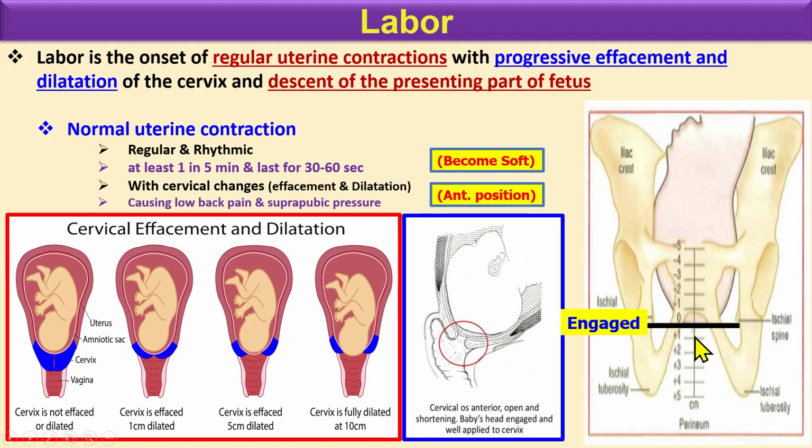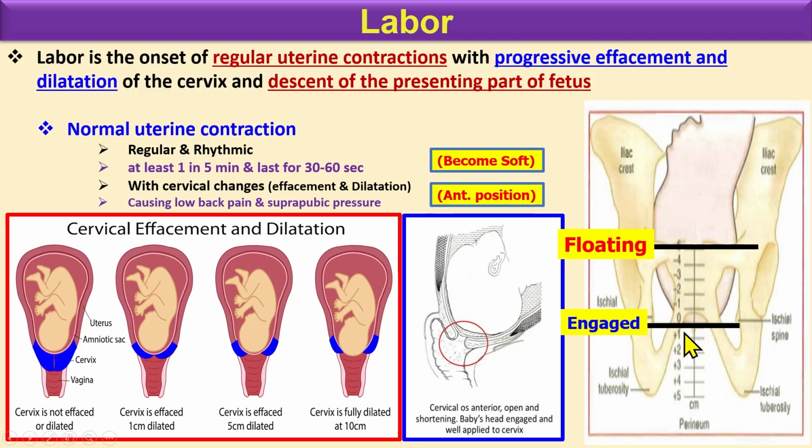So -5 means it's 5 centimeters above the ischial spine, and +5 means 5 centimeters below the ischial spine, so it has been crossed. The fetus moves from -5 toward the +5 side. If it's above, we call it floating, meaning it has not reached here.